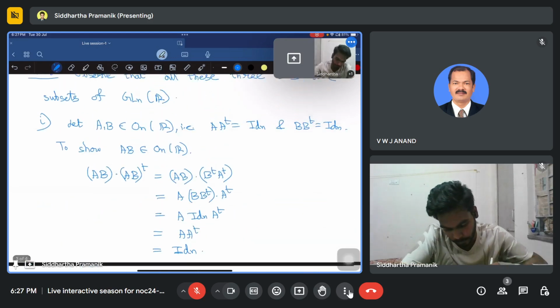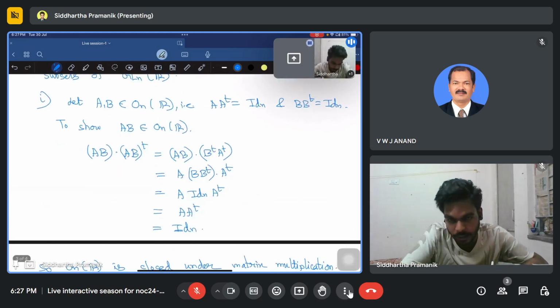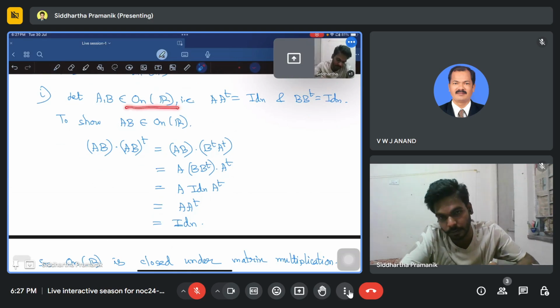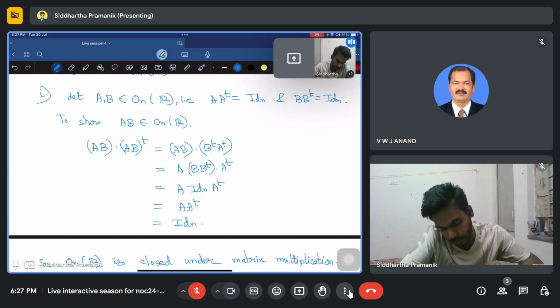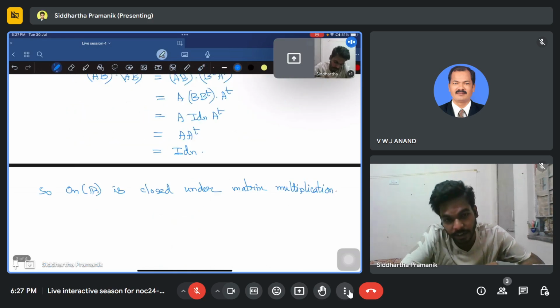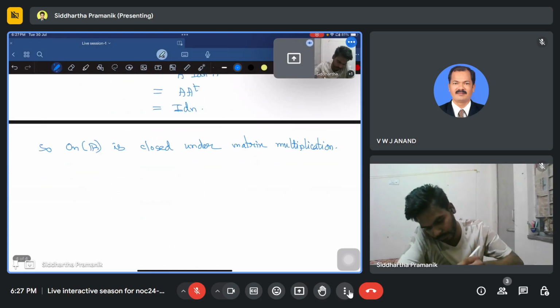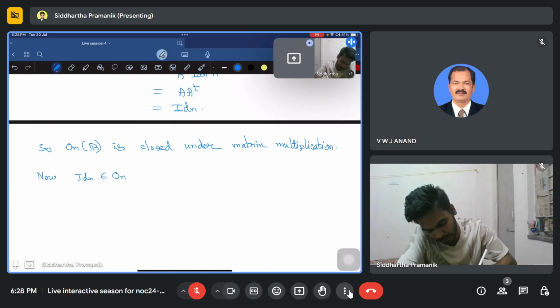Okay. And the second property is there should be some identity element of this set, right? So we can take the identity element of GL(n, R) itself, which is the identity matrix. Now the identity matrix also belongs to O(n, R), right?